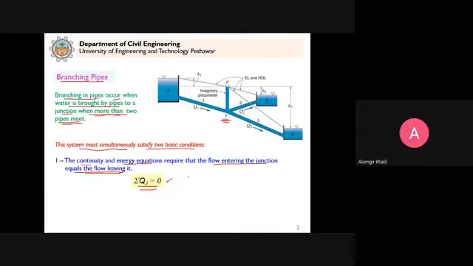And this summation of Q at J, summation of discharges at the junction point, will be equal to inflows, water coming to the junction, minus outflows.